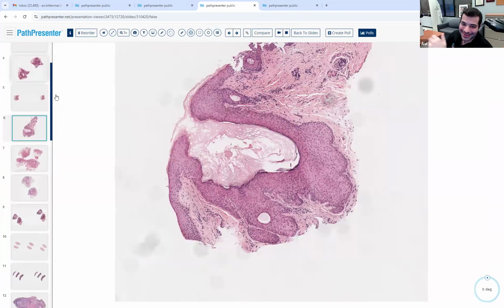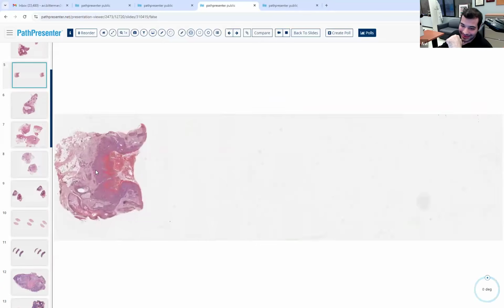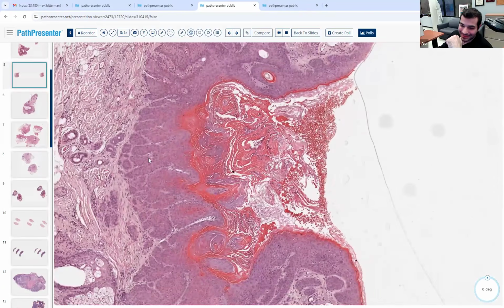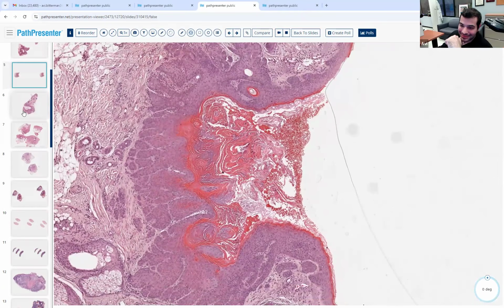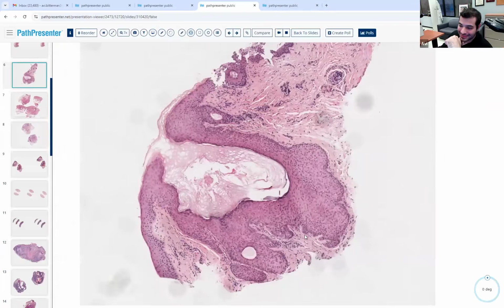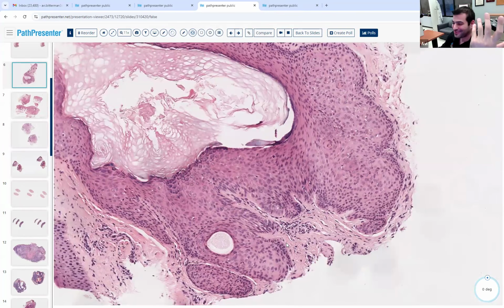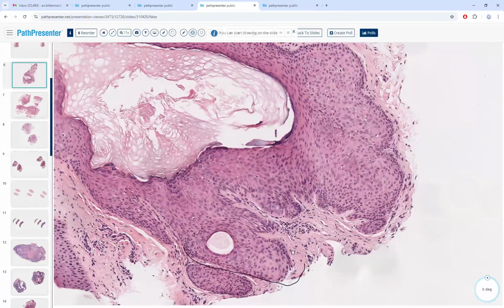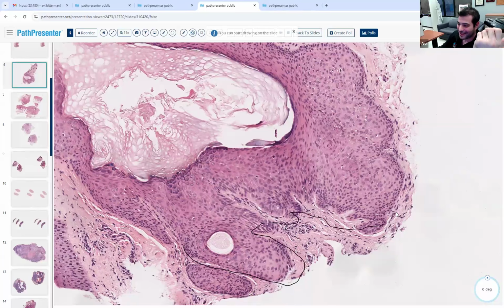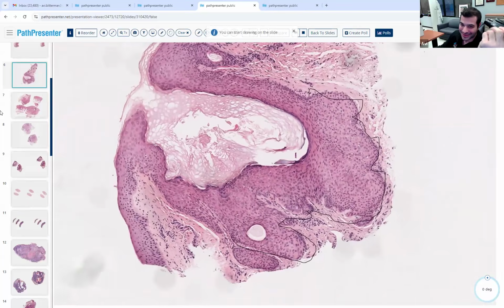What am I stressing? What's the difference between this and this? Yeah, the reedy structures here are really bulbous. This is the pilar sheath acanthoma, and the other one was the dilated pore. Each one of these reedy structures is a big, massive bulbous structure.